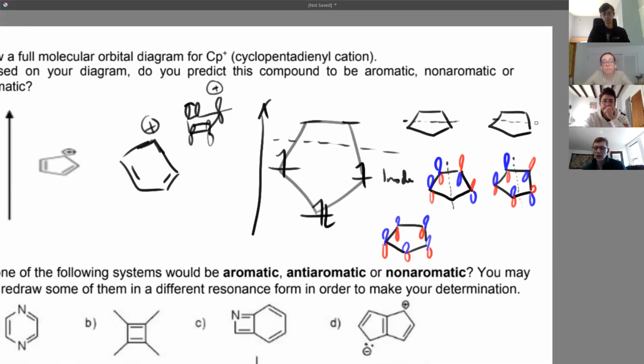I think in general, it's preferable to cut through bonds rather than through atoms. And so, for example, that's why in one of these here, we cut through 2 bonds, and in the other one, we cut through 1 bond and 1 atom instead of cutting through 2 atoms. And so on this one, we're going to cut through 2 bonds because that's preferable. And then in one of them, we're going to cut through another 2 bonds. And in the other one, we're going to cut through 1 bond and 1 atom.